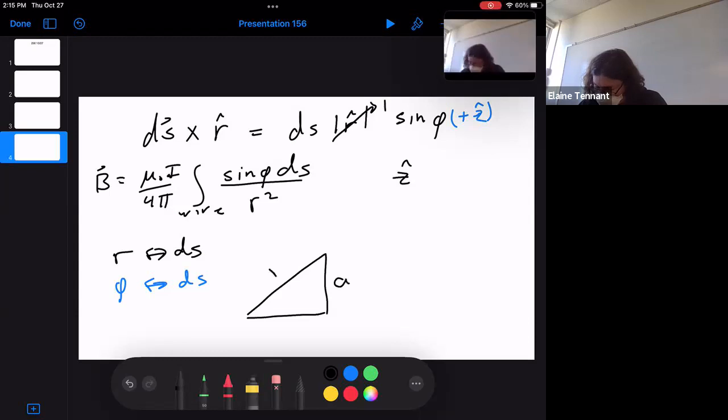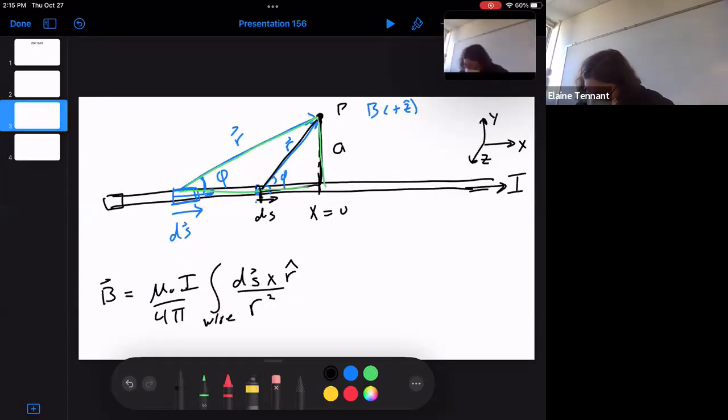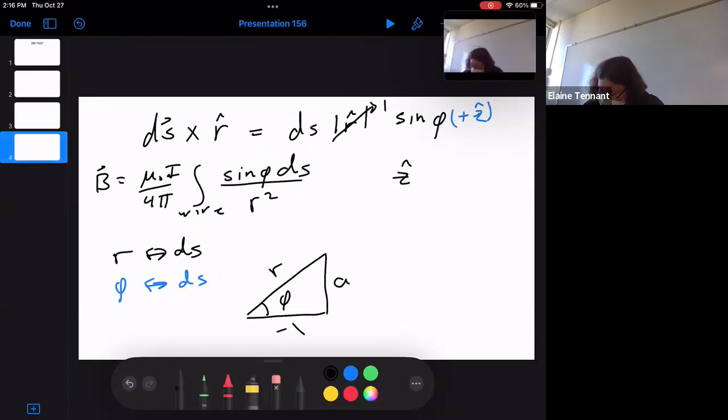Where that will be A, that will be R, that will be phi, and then this distance right here would be the x position. And this is going to come up because we're on the left side of the x equals 0. Right now we're at a negative x. Okay, looking better.